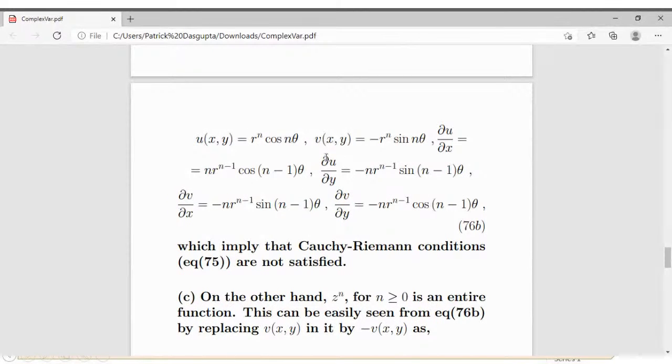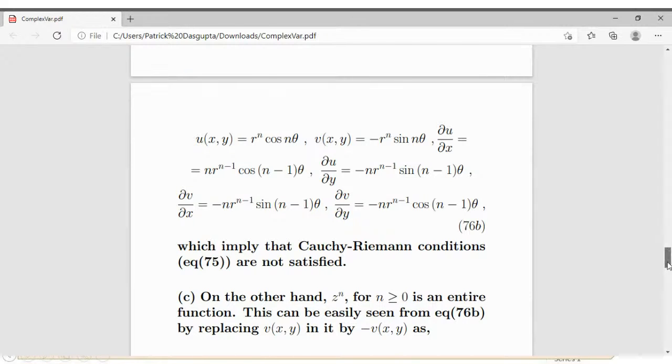That means wherever you have v, just put it negative in equation 76b. So del u by del x will be equal to del v by del y, because v is now negative. So this will become a plus sign. Similarly, del u by del y, which is this expression, will be the negative of del v by del x, because this sign will not be minus, it will be plus.